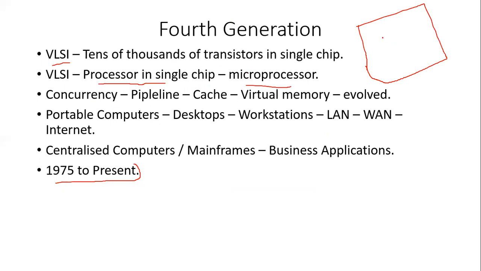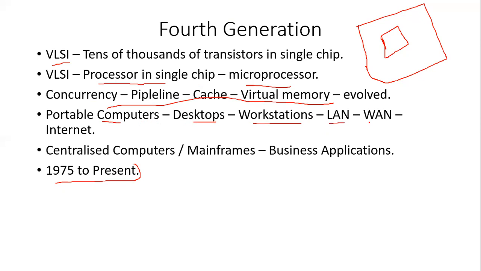But with the advent of VLSI, the CPU became so small. The concepts of concurrency, pipelining, cache, and virtual memory were introduced in the third generation, but with technology improving, these concepts kept evolving, and computers started becoming very small. So we have portable computers like laptops, desktops, and workstations for performing powerful graphical tasks.